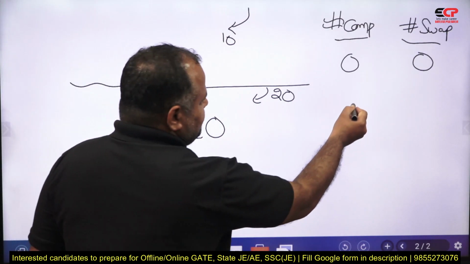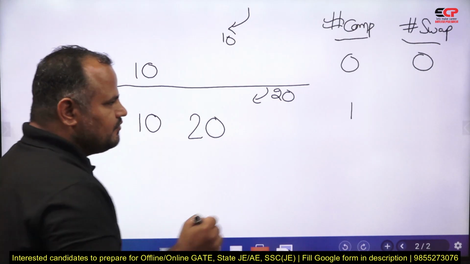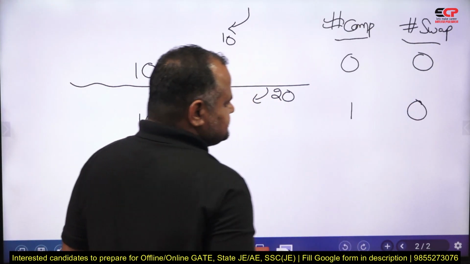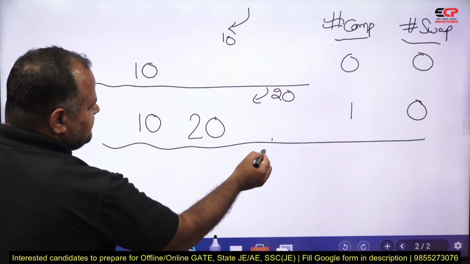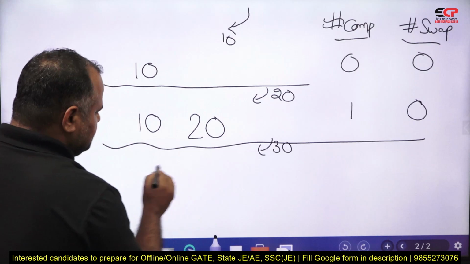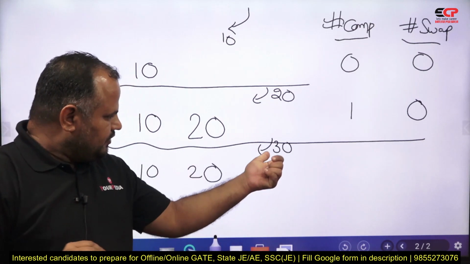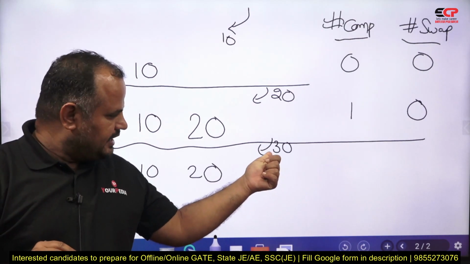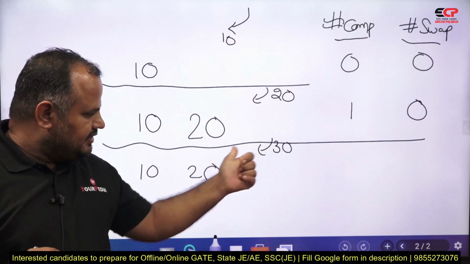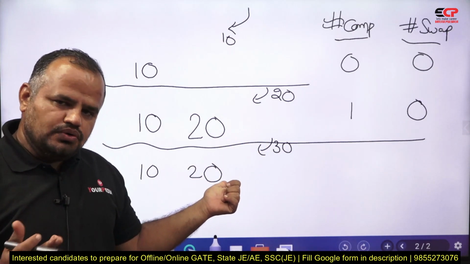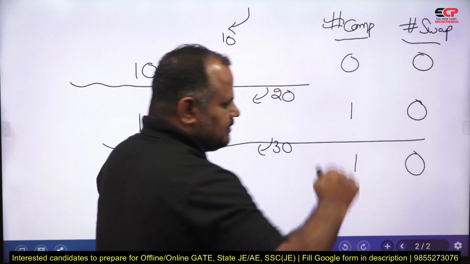So we perform one comparison, but as 20 is greater than 10, no swap operation is required. In a similar manner, if the next element is 30, and already the input is 10 and 20, then to insert 30 we have to compare 30 and 20. Fine. 30 is greater than 20, it means no need of swap. So only one comparison, 0 swap.